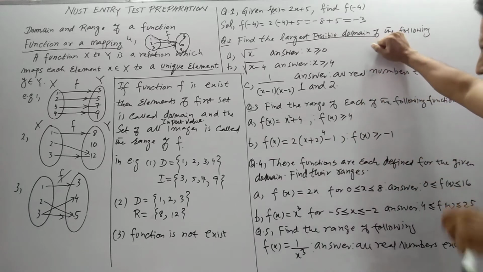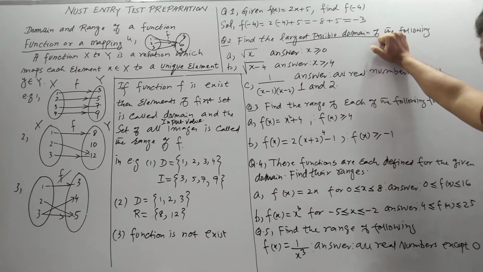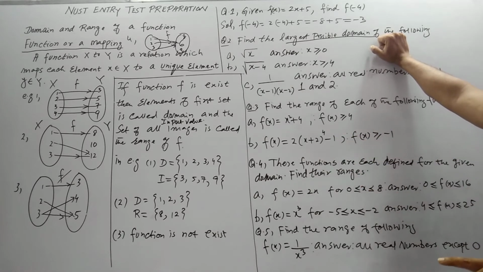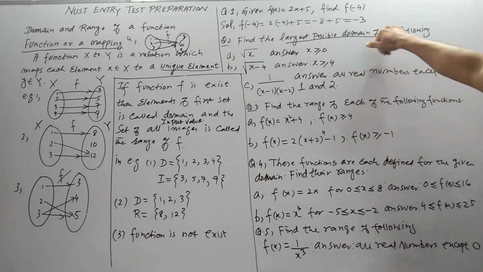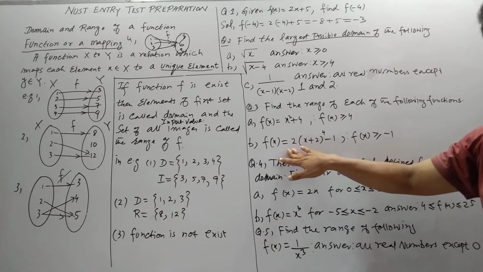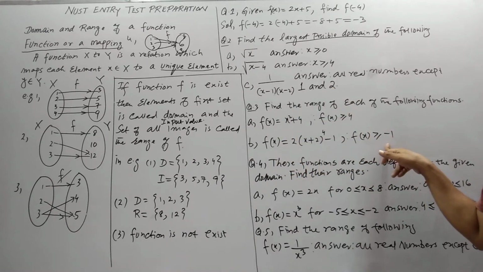So, from this concept, you are able to say the minimum value is minus 1. The minimum value is minus 1. Therefore, in this case, our range must be greater than or equal to minus 1.